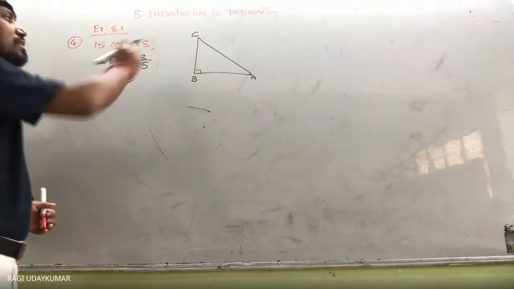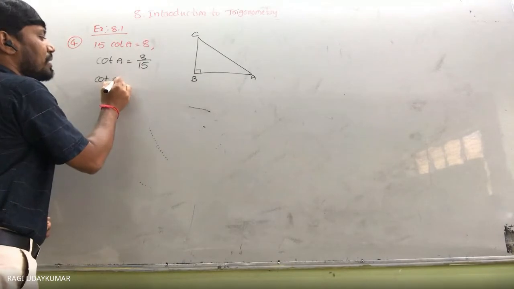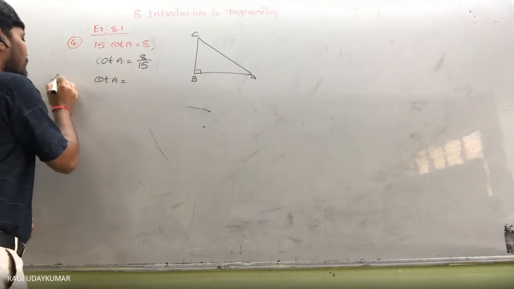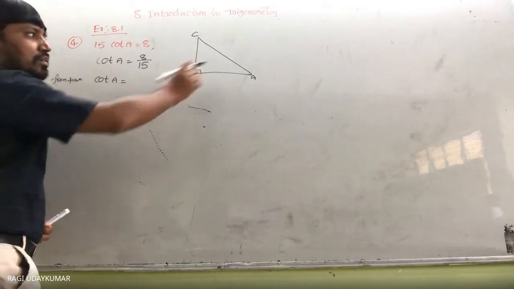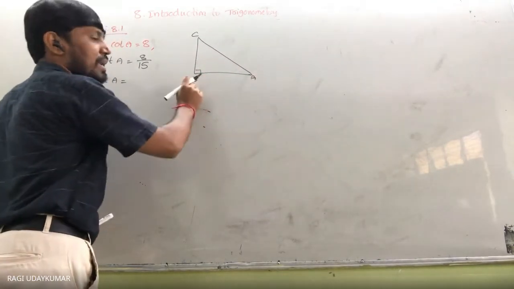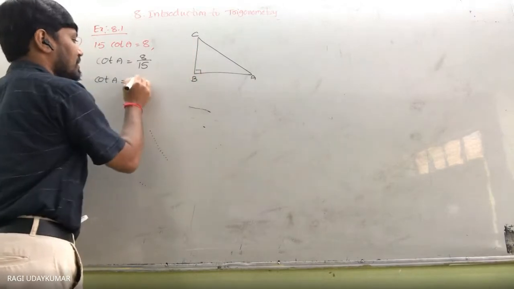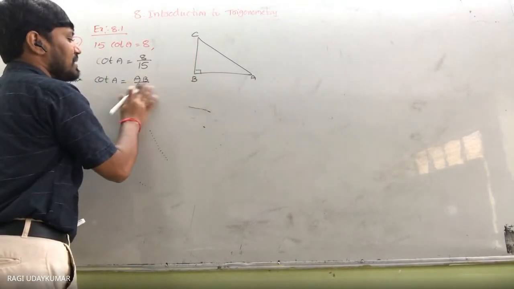From the figure, cot A is equal to AB by BC.